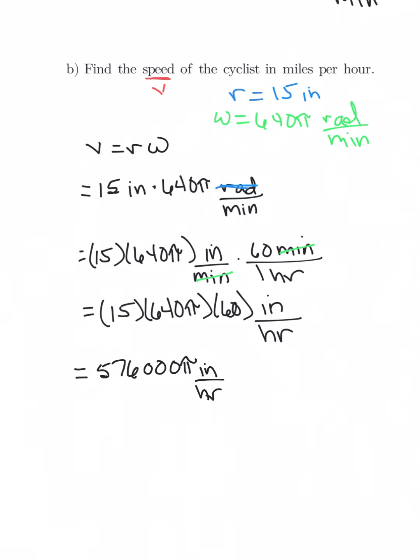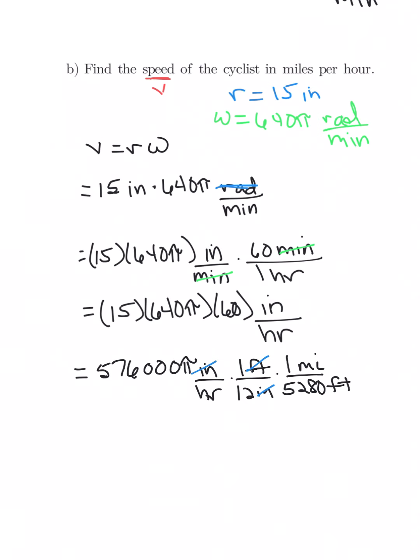The problem is we need miles, so we need to get the inches out of there. So we need to do 1 foot and 12 inches. Inches need to go in the bottom. So now inches is gone. Problem is now we have feet an hour. That's not right. We need miles. So we are going to do feet and miles. In order for feet to cancel, it needs to go in the bottom. 1 mile is 5,280 feet.